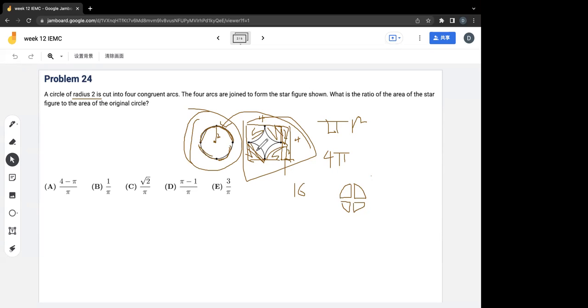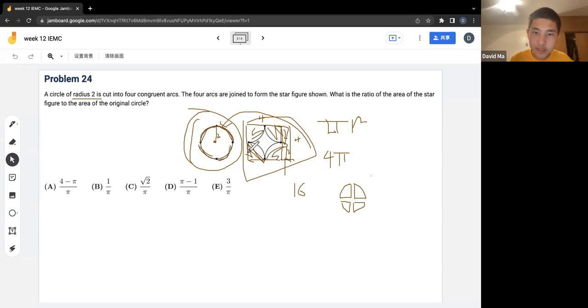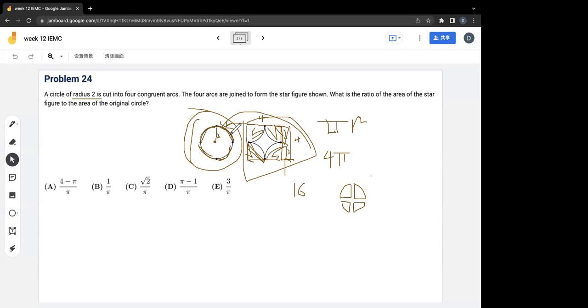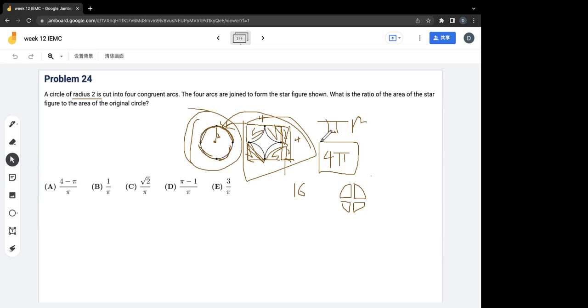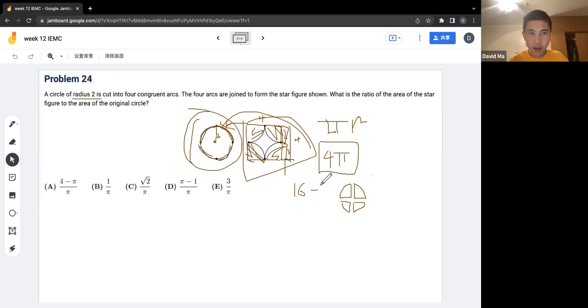Circle. Yeah, circle. And since they all have the same radius, it means that when you put these four quarter circles together, you'll get the area which is equivalent to this circle, right? So what is the area of this circle? 4 pi. Yeah. So the ratio of the area of the star to the area of the circle is 16 minus 4 pi over the original area, which is 4 pi.